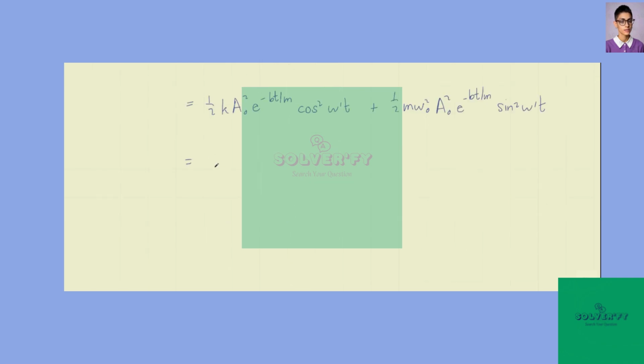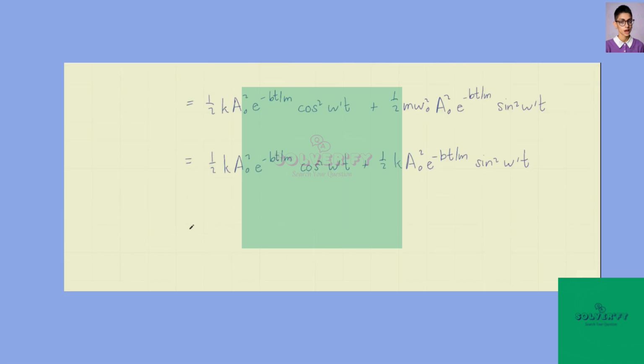And so we can write this as a half k a naught squared e to the minus bt over m times cosine squared omega prime t plus a half times k a naught squared e to the minus bt over m times sine squared omega prime t.